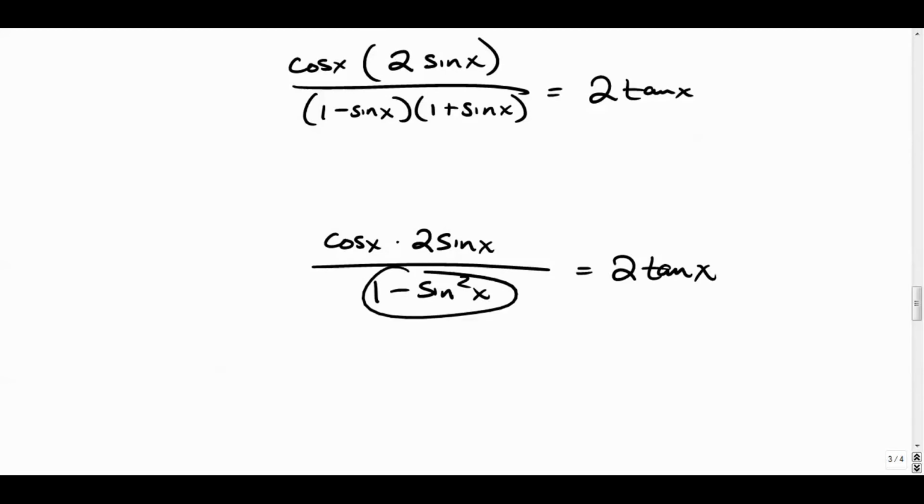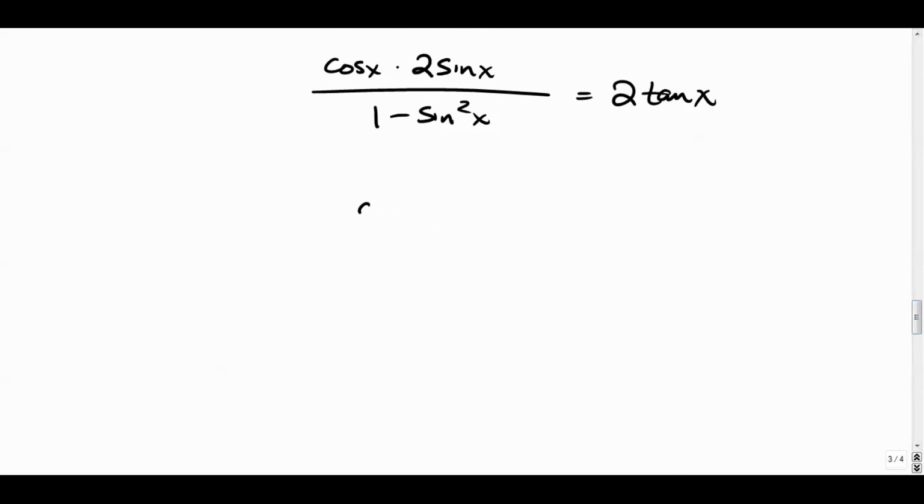All right, 1 minus sine squared x, well, that's the Pythagorean identity. That's cosine squared x. So if I rewrite my numerator and change my denominator to that, I can see that I have a nice cancellation. There's one cosine up here, and there are 2 of them down here. So let's just cancel out this one and one of these.